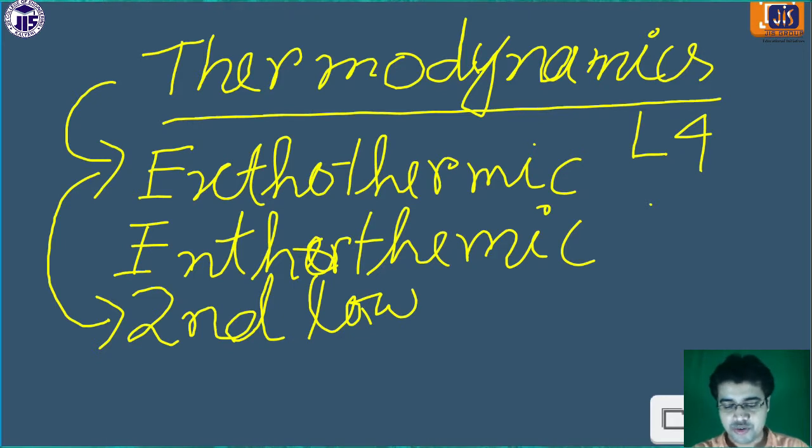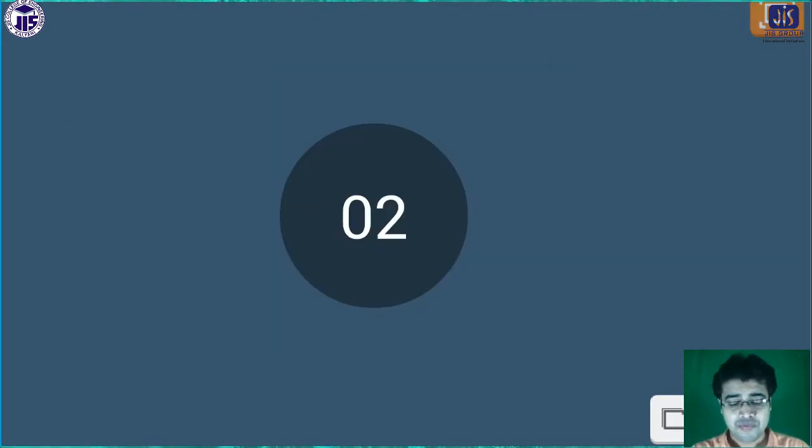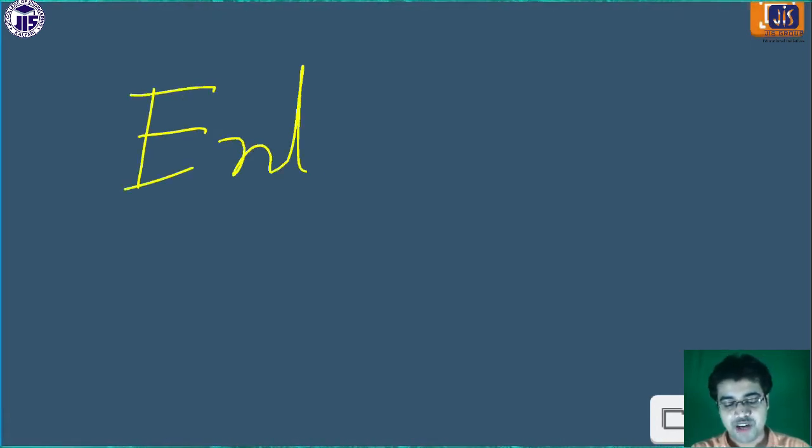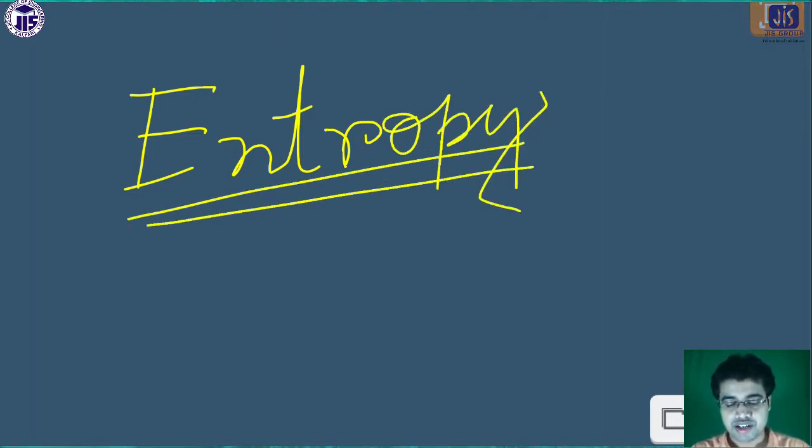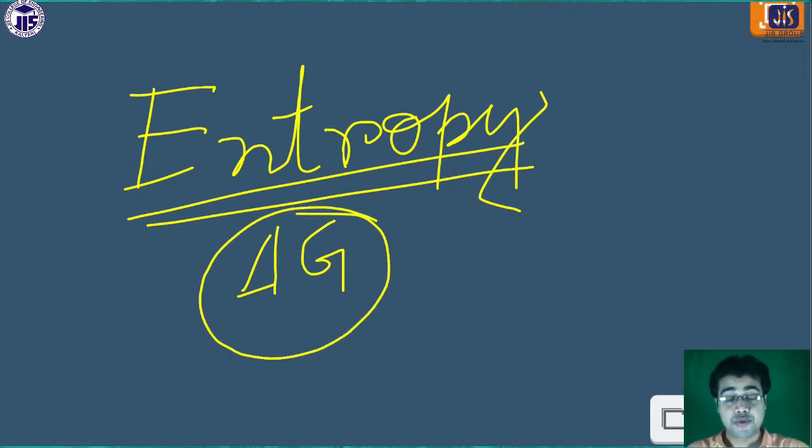Then we will discuss the Gibbs free energy, or change of Gibbs free energy, and with respect to delta G, how we can determine the spontaneity of the system, that means whether it will go in the forward direction or the backward direction.